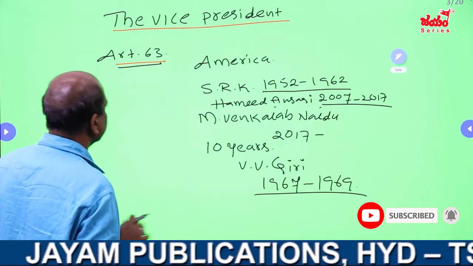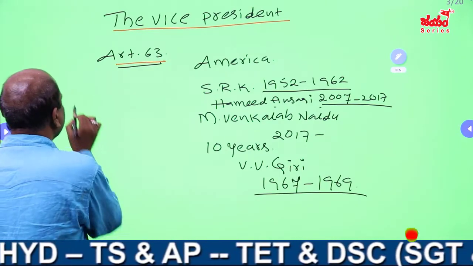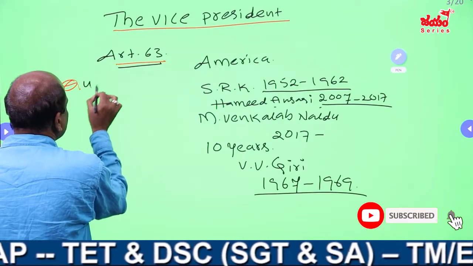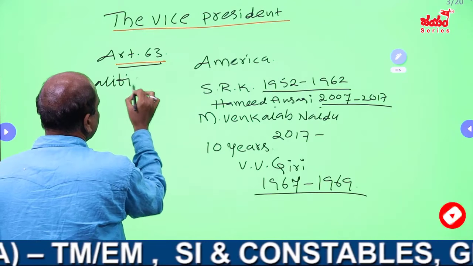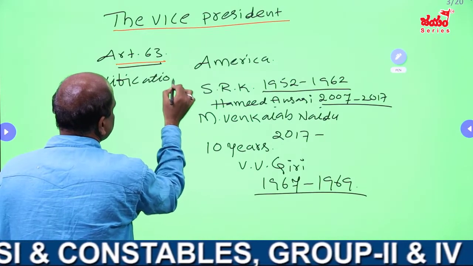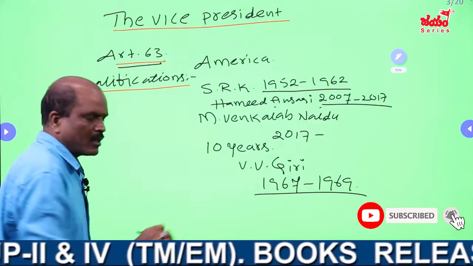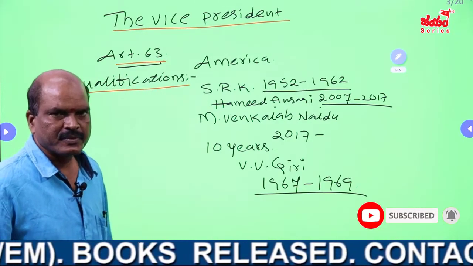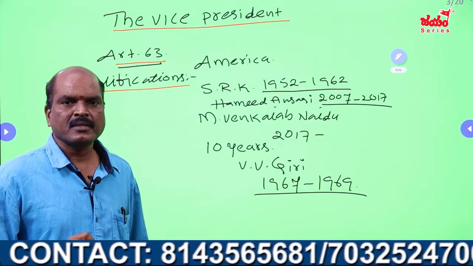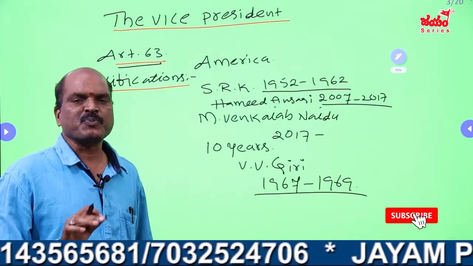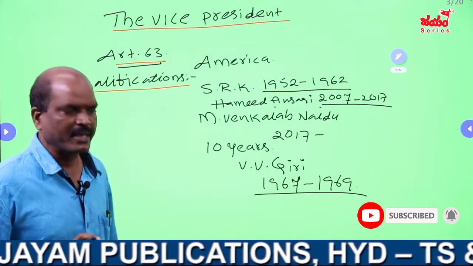Okay, right. Next one, let me see qualifications. Whose qualifications? Vice President qualifications. Okay. So according to our textbook and according to the Indian Constitution, the Vice President qualifications are as follows, one by one.